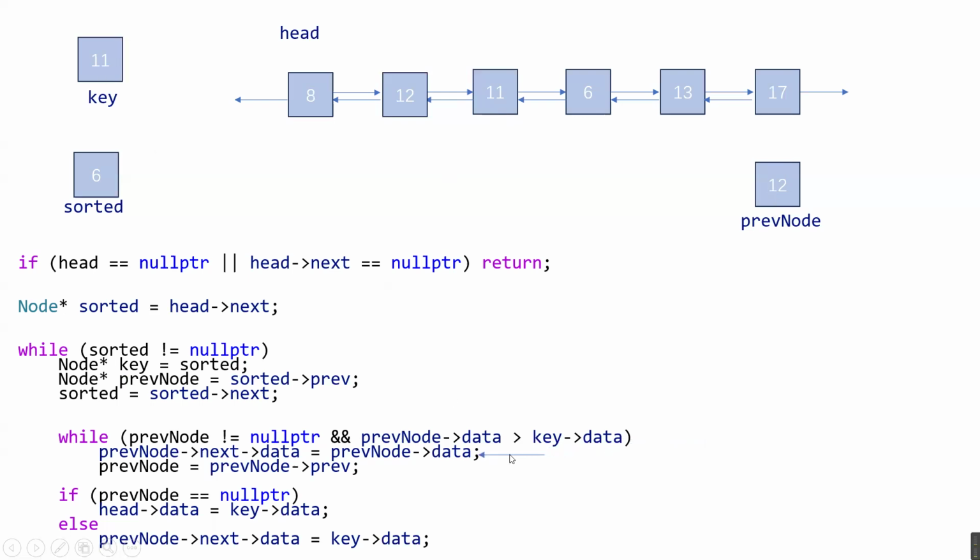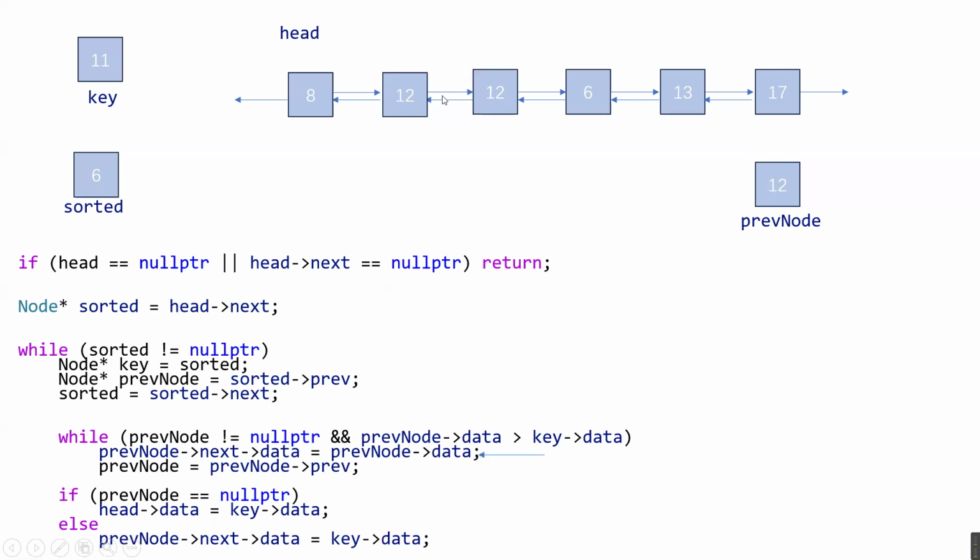So we need to jump to this line. The previous's next data, this one, the 11, will become the previous's data. So the 11 will change to the 12.